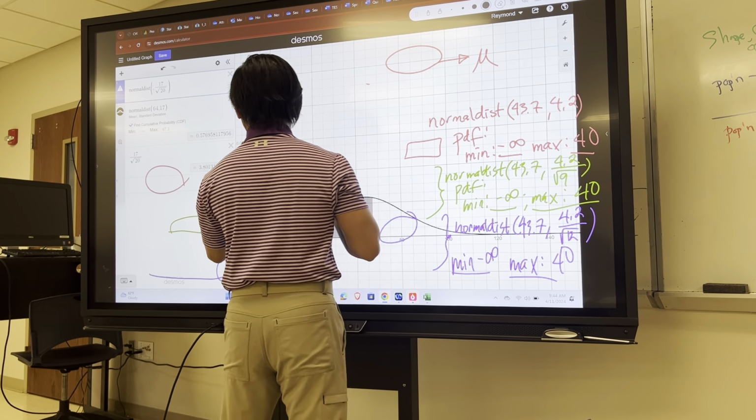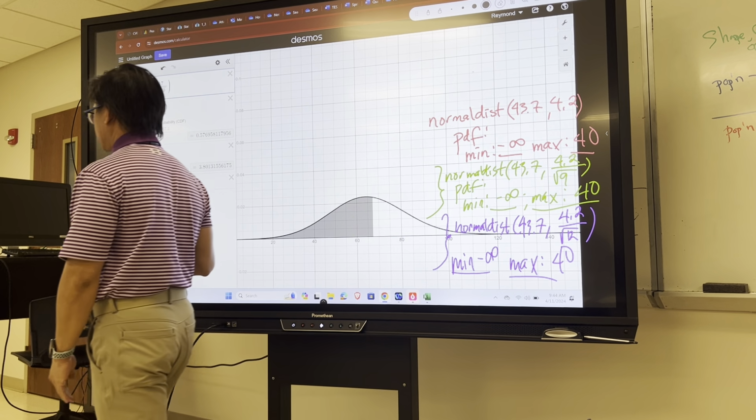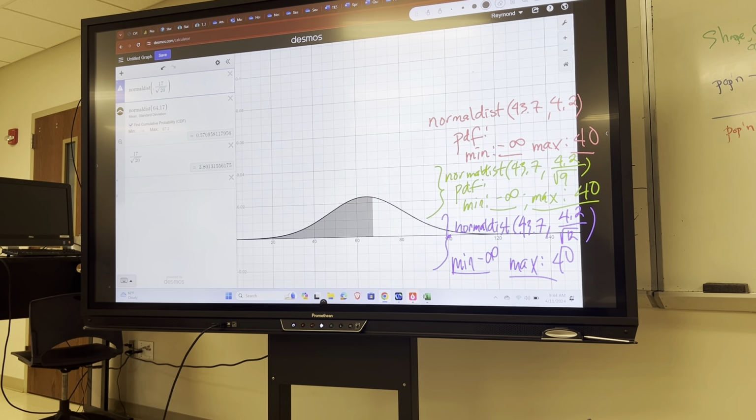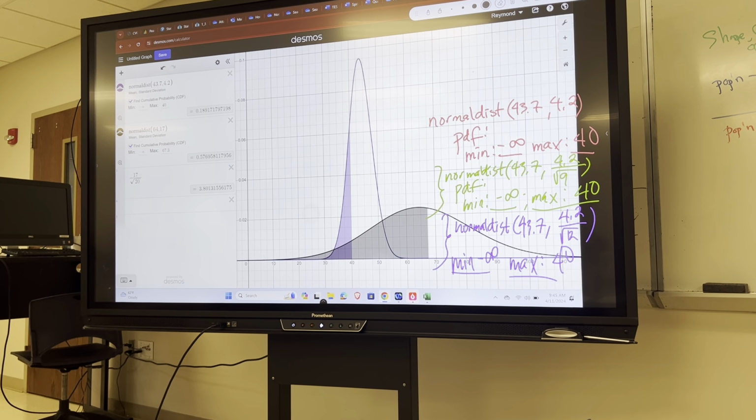And again, you can also do StatCrunch for this. Honestly, it doesn't matter if you do StatCrunch or decimals, you're going to get similar values. So once again, 43.7, and the standard deviation is 4.2. And this one should be 40. So that is for the population.